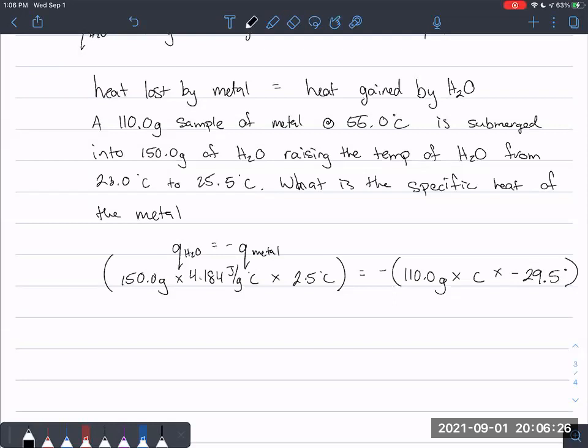So when we solve all of this for C, you should get 0.4835 joules per gram degree Celsius.